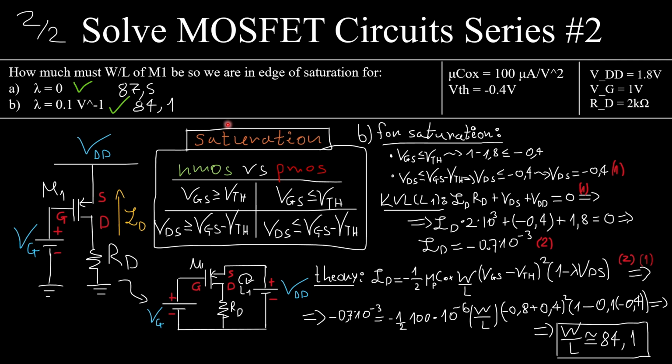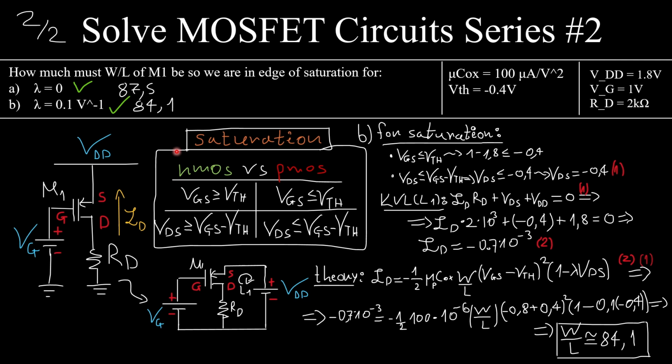Well, it depends on the overall context of the circuit and what we want to achieve. So sometimes we take this into account, sometimes we don't. For exercises, if we are giving exams in electronics 1 or 2, our exercise is going to tell us if we need or if we don't need to take into account channel length modulation.